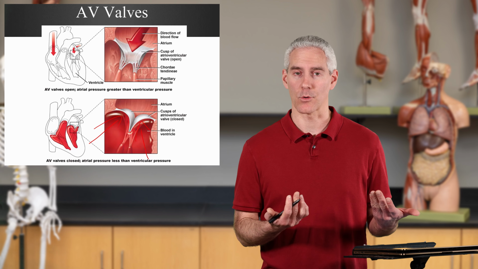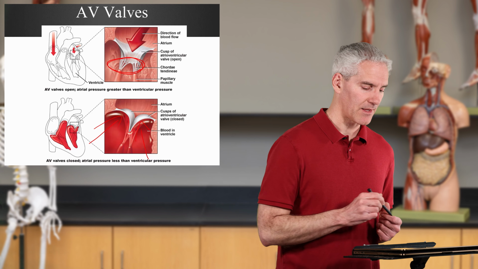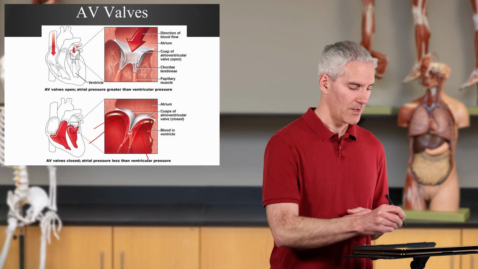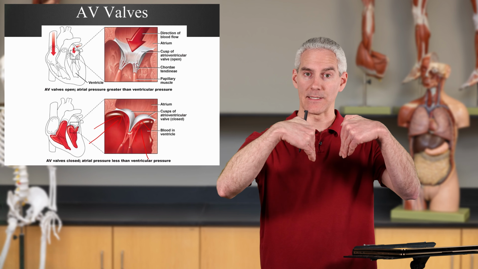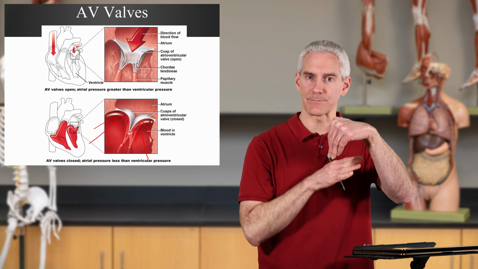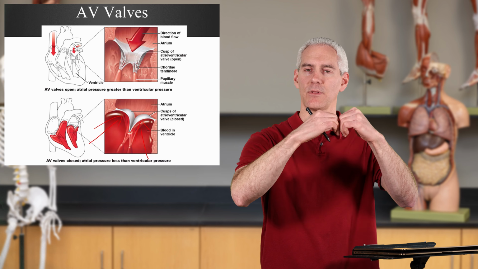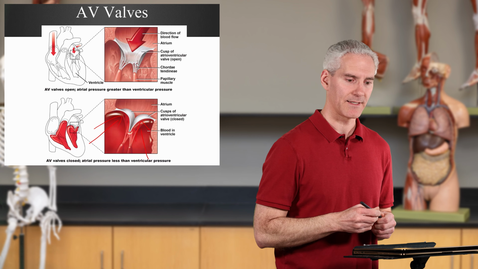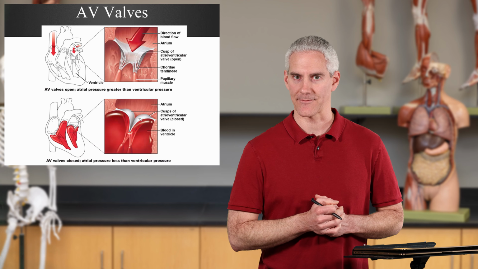Well, you don't want to go backwards. So the way this works is these strings, these chordae tendineae, you can see them in the lower picture. They're being held in place. So that valve is open, but the minute pressure starts pushing blood in, they collapse back closed and are held in place closed by the chordae tendineae and those papillary muscles, preventing backflow of blood.